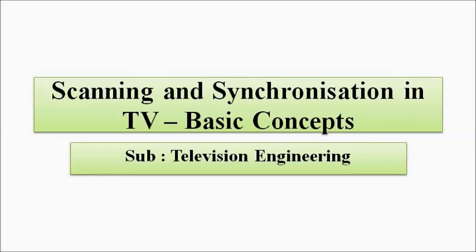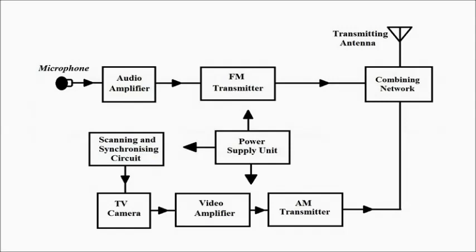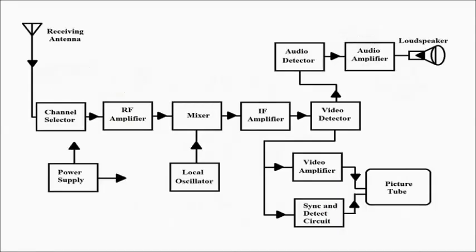So in this video we are going to discuss the concept of scanning and synchronization in TV. In the first video, the TV transmission and reception, we came across this block diagram for the transmitter side and the receiver side.